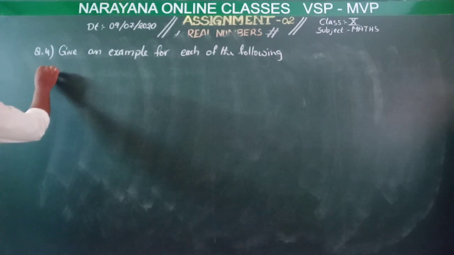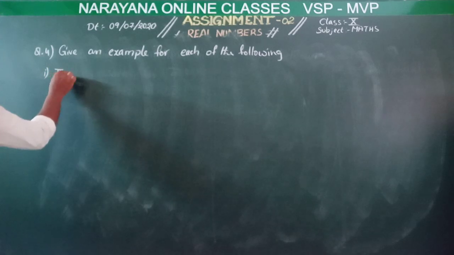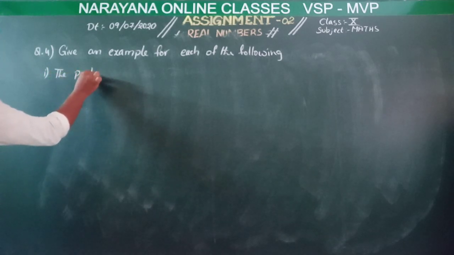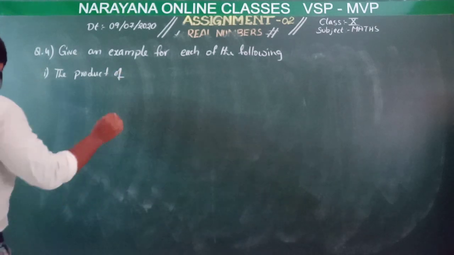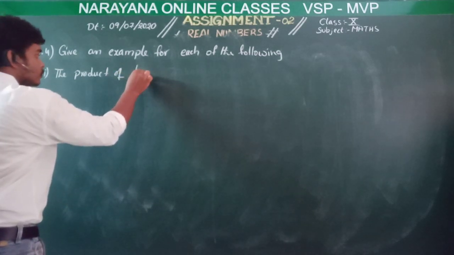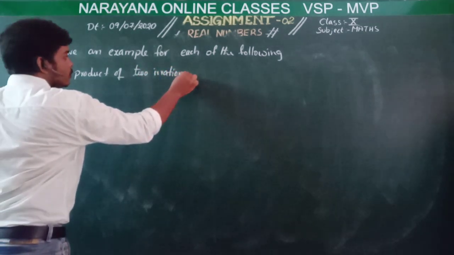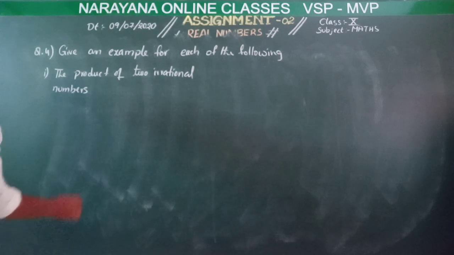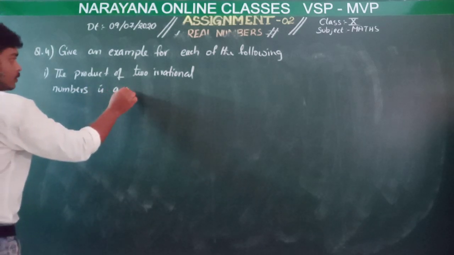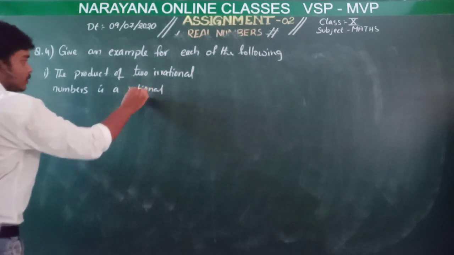One is the product of two irrational numbers is rational.